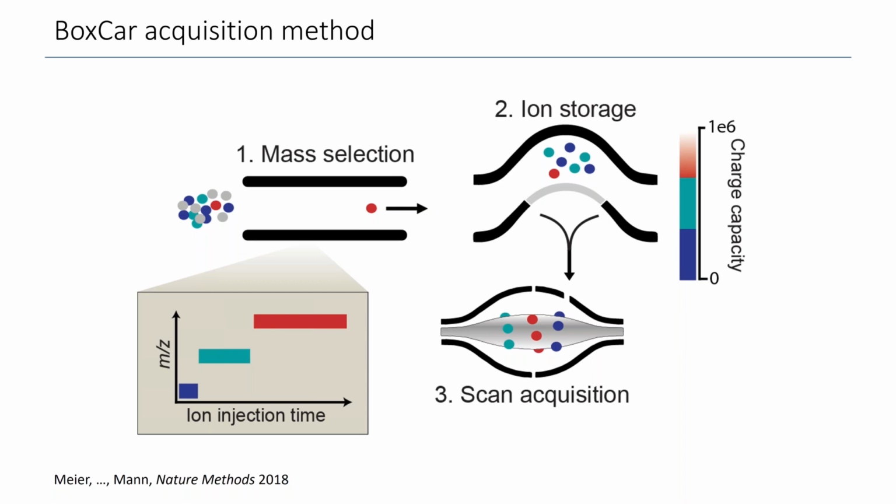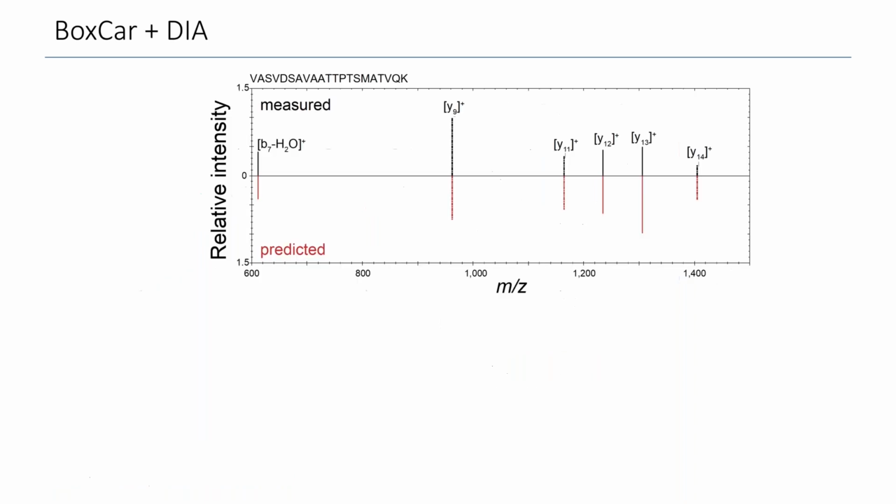Originally, we developed this method together with data-dependent acquisition, but when talking to the Biognosys team, we quickly realized that this could also be a very nice feature for data-independent acquisition. So we've been working on this for a while, and the main reasoning was our observation that in normal DIA runs, we often see a very nice fragment ion signal.